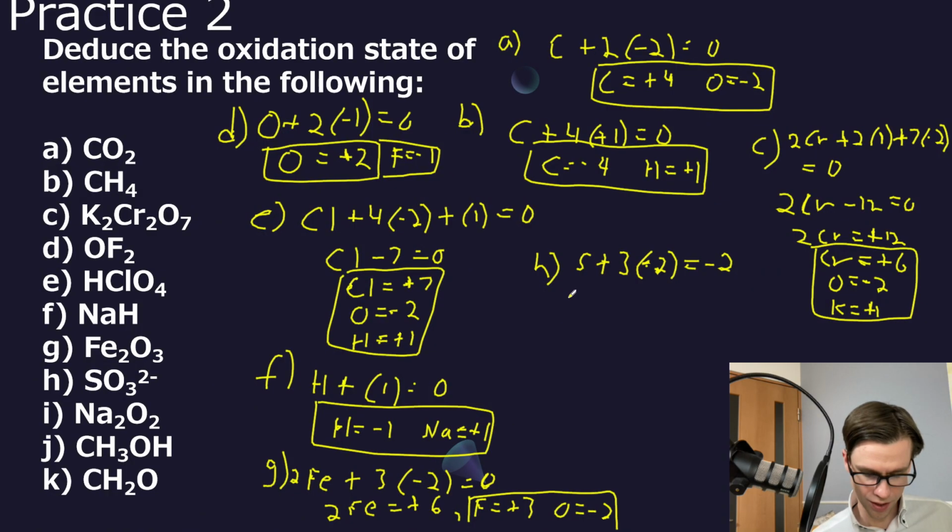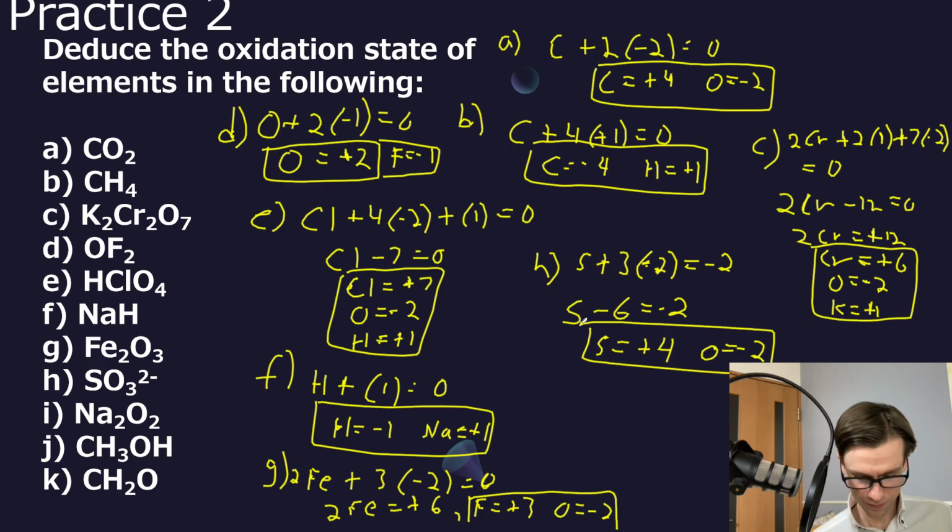Okay, so we'll have S minus 6 equals minus 2, or S equals plus 4. So this is a different oxidation state than in normal sulfate. This is a less oxidized version called sulfite. And we did assume O is minus 2 here. All right.